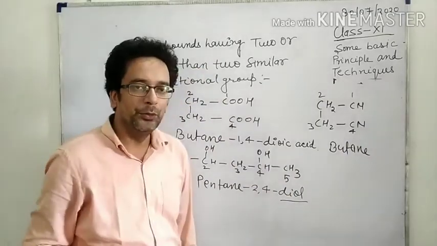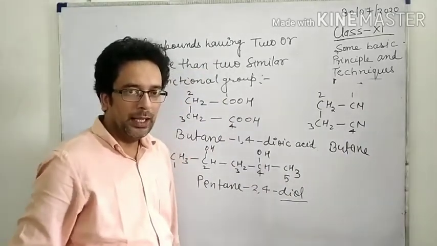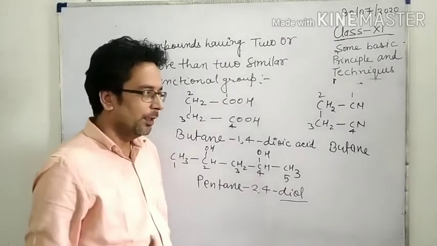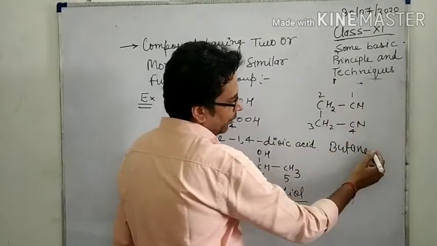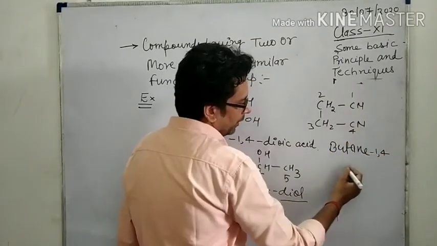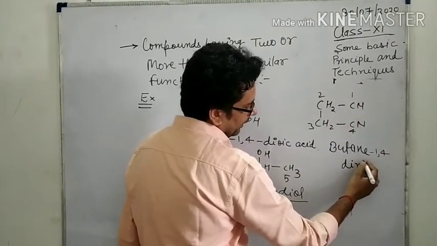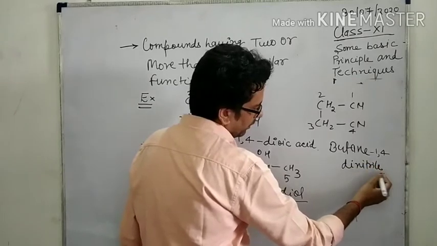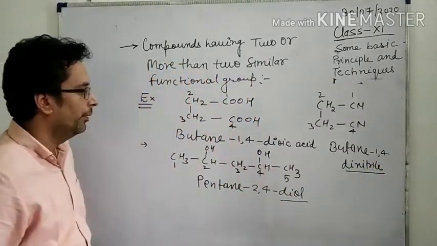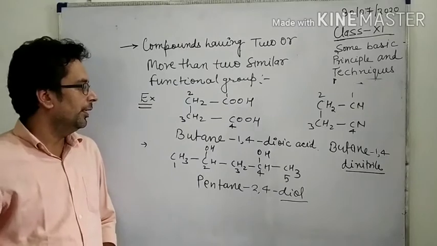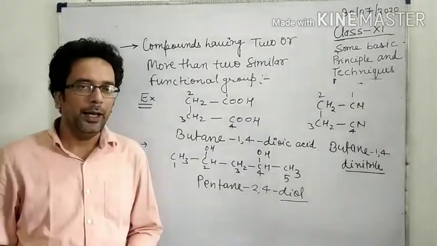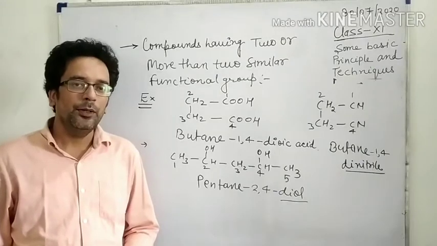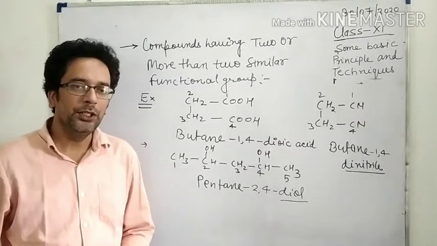CN means cyano group, and in suffix we use nitrile. So butane 1, 4 dinitrile. Okay, so these are the namings of compounds having two or more similar functional groups.